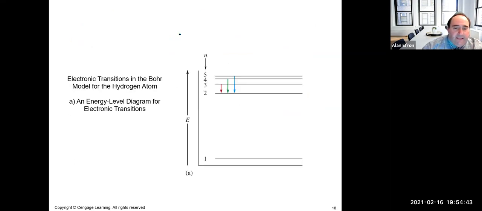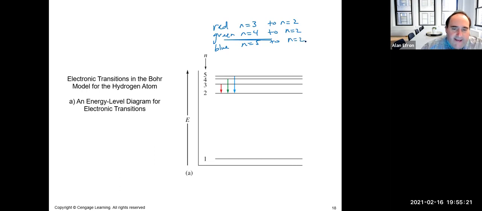So here, this shows some of the transitions that we see in the hydrogen atom. Our red guy is going from the n equals 3 level to the n equals 2 level. Our green guy is transitioning from the 4th energy level to the 2nd energy level. And our blue guy is going from the 5th energy level to the 2nd energy level.